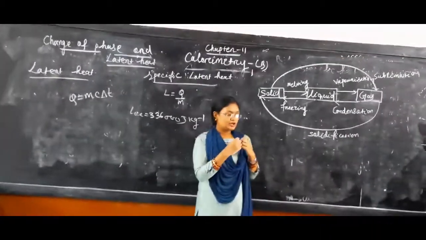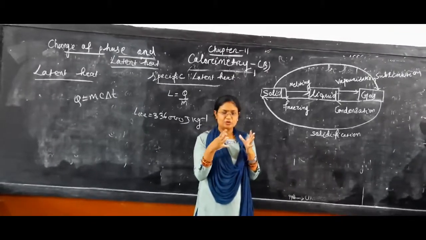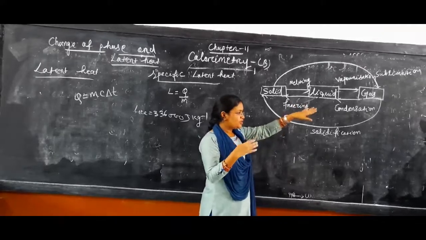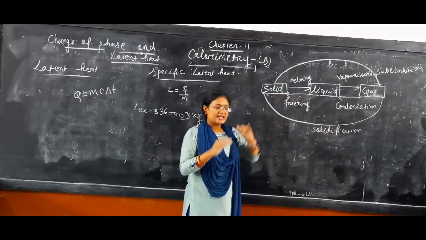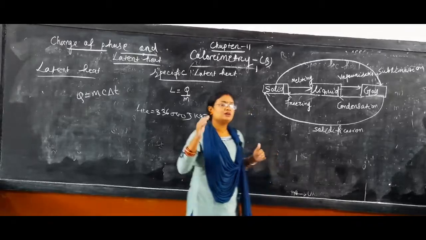So when the liquid releases energy, its intermolecular distance will decrease, and if the intermolecular space decreases, then the liquid changes to solid. So by absorbing or releasing energy, we can change the phase.